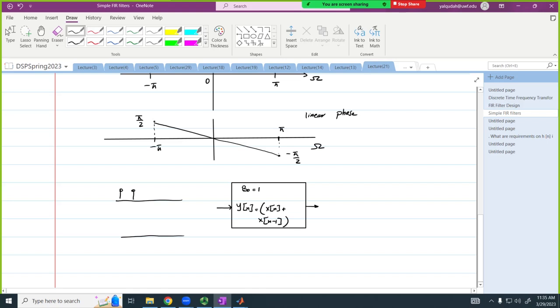So I'm going to input two signals. One, what is the frequency of this signal? 0. And another very high frequency, which is going to be oscillating between 1 and negative 1. Together? So if this is a low-pass filter, we expect it's going to allow this signal to go through, and it's going to try to remove this signal. So let's see what the output of this filter is going to look like.